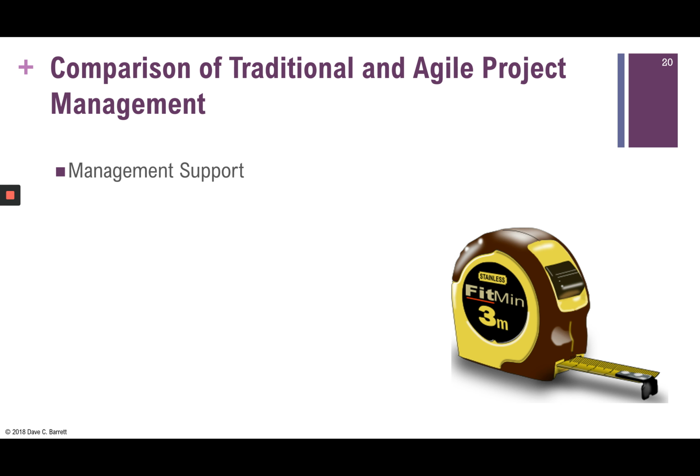This is significantly different from that. So support for that sort of bottom-up model is required. So management support of agile is required, an understanding of what it is and supporting it.